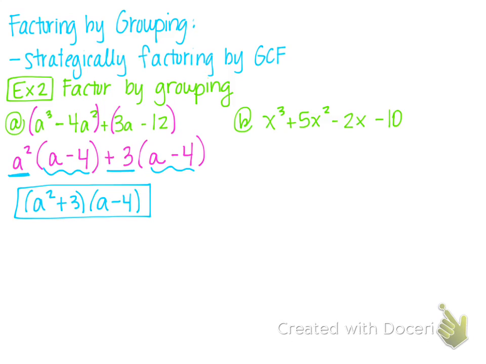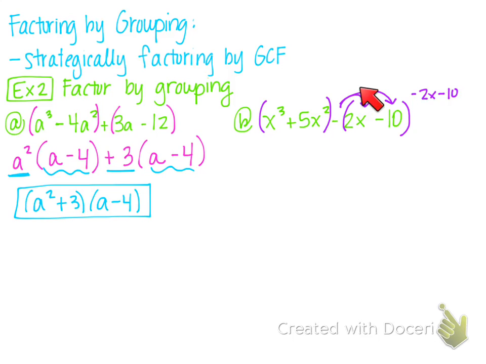So let's go ahead and try to group together the first two terms and the second two terms. Now, be careful when you're grouping together here, because notice we've got this minus sign. If we distribute out this minus sign, we want to get back the original. But here, our original was minus 2x minus 10. But if we distribute out the negative to the 2x, we'll get back negative 2x, which is fine.